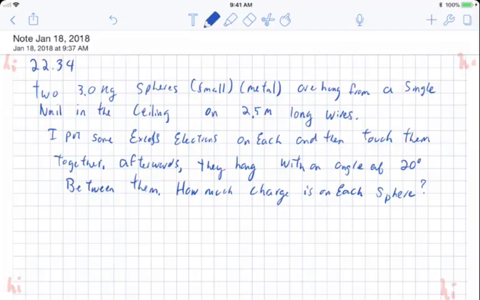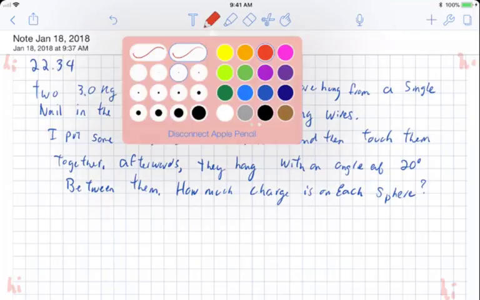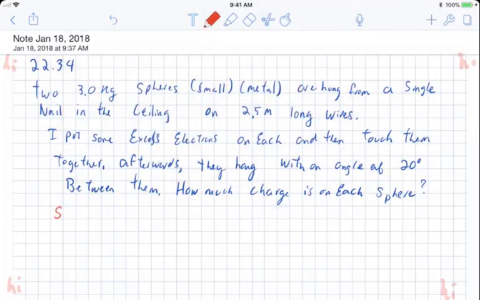So this is just like the question in the book. It's a two-star question. How do you approach it? Let's talk strategy. This is a static equilibrium question.